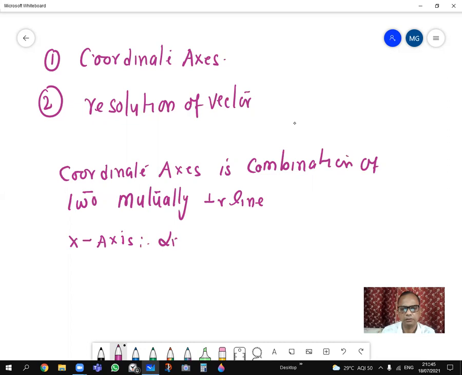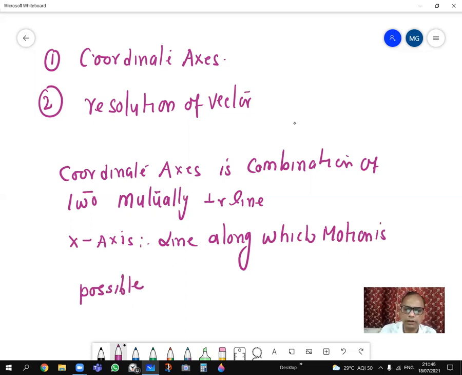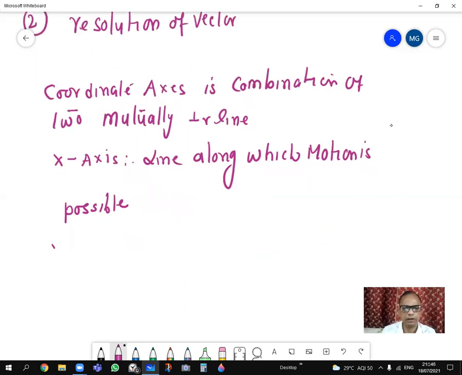Line along which motion is possible. It may not be necessary motion is going on. Clear? Motion may not be happening, but it is possible in that direction. And y is line perpendicular to x-axis.